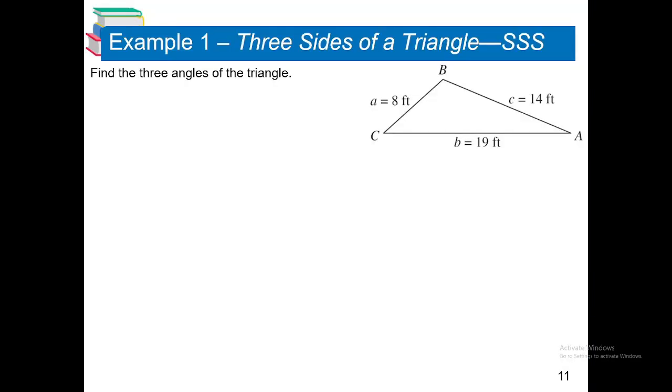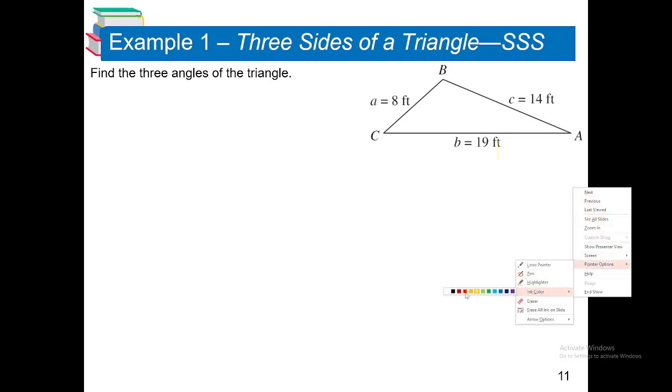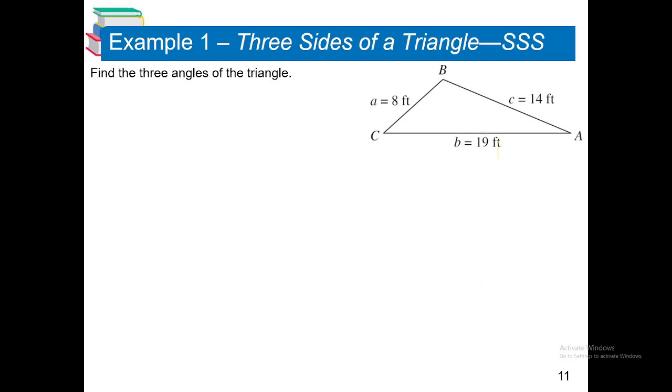Class, the technique here is this: solve first the largest angle. Where is the largest angle? It is opposite the longest side, which is 19. This is the longest side, meaning this is the largest angle.